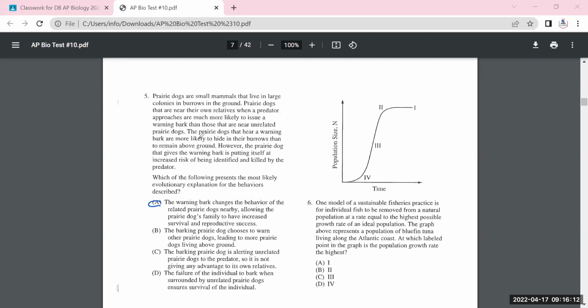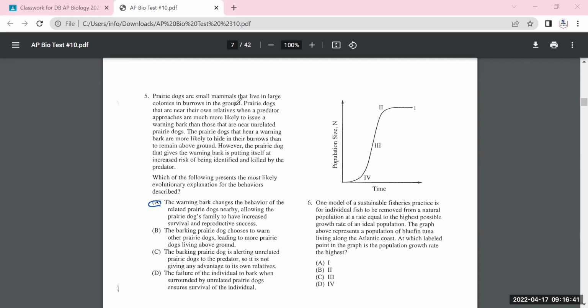If you think about it, the warning bark puts itself at risk. However, why would it still issue that warning bark? It's because it's trying to at least help the other related prairie dogs have a greater chance of survival.